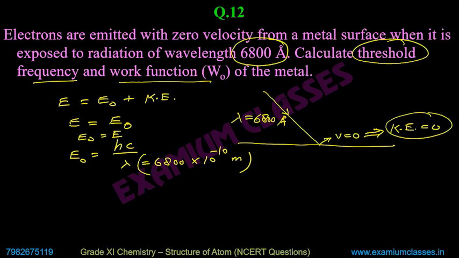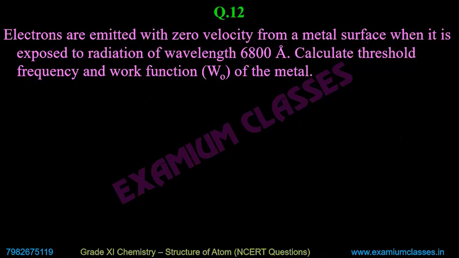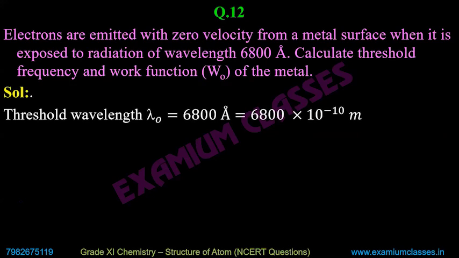Now related to this lambda, nu is equal to c by lambda, nu naught will be c by lambda naught. That is actually lambda naught here. Substitute the values, get the value of threshold frequency. How do you do it? Threshold wavelength will be 6800. Why will it be the threshold wavelength? Because it is the wavelength which is just sufficient to eject the electron with zero velocity.